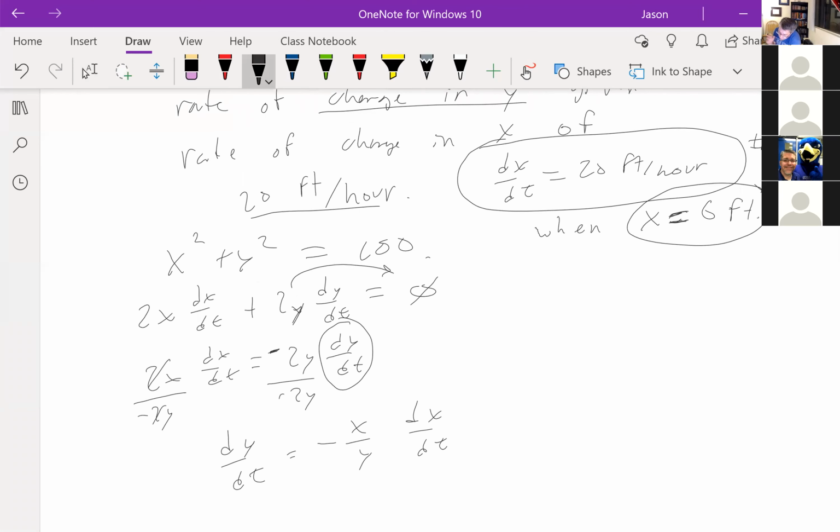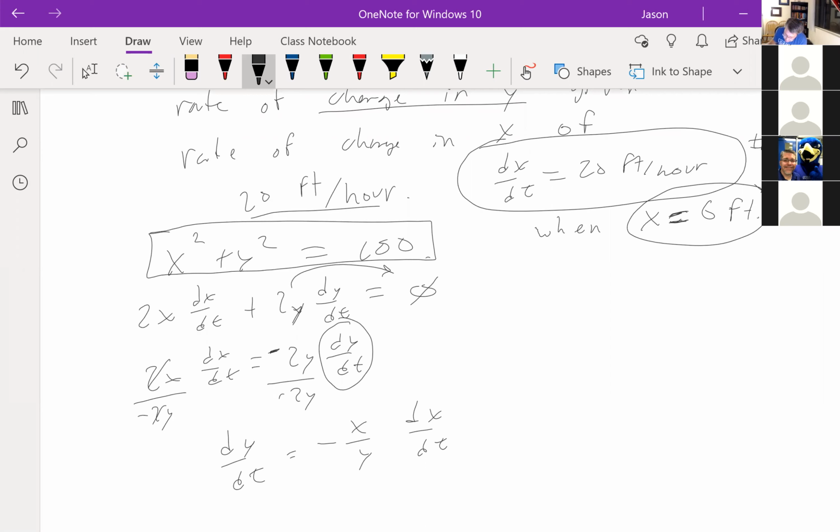How can I figure out what y is given x? Any ideas? Is there anything that relates x to y? Well, how about this right here?